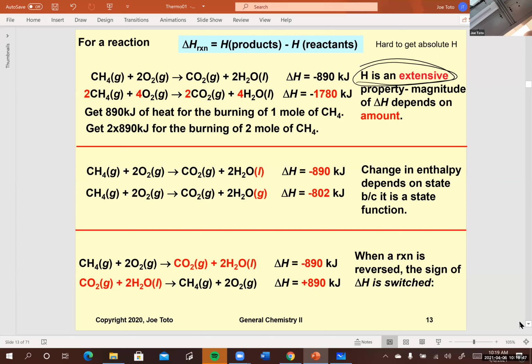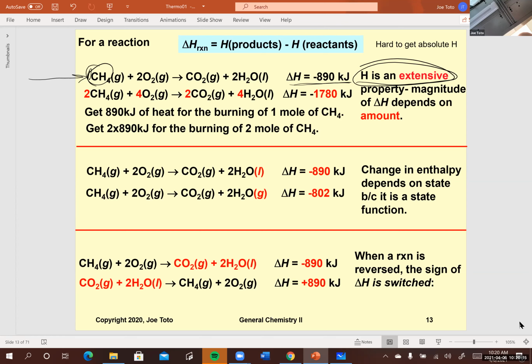So if I have some reaction, this first reaction of methane, and I'm going to explode or combust methane, I'm going to form CO2 and some water. And I know that when there's 1 mole of methane, I get 890 kilojoules of energy released into the surroundings.